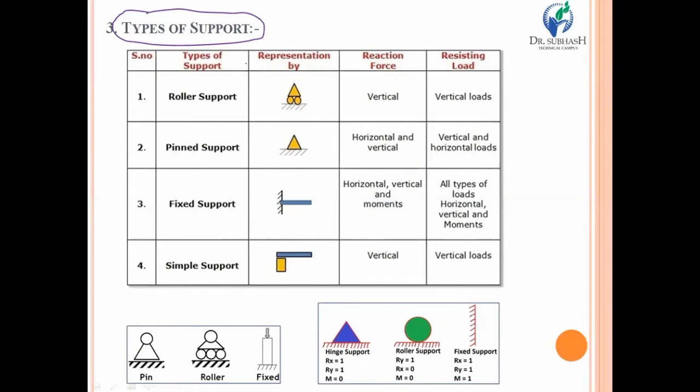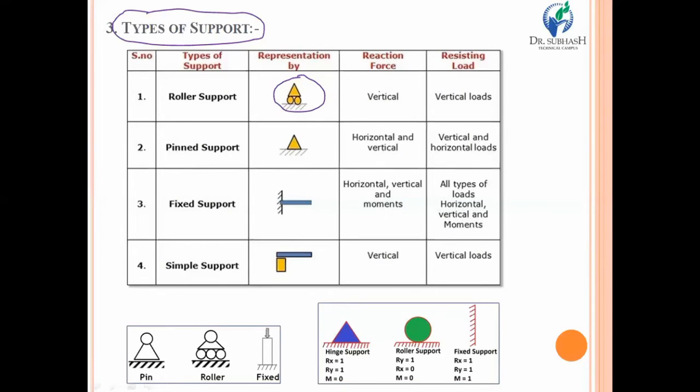Look at the screen. The first type of support is roller support, and it is represented by a symbolic form. Over here, it's a triangle, and the base of the triangle is represented by two circles. If you are using roller support, as we have already discussed, especially in a simply supported beam, then it only allows horizontal movement, not vertical movement.